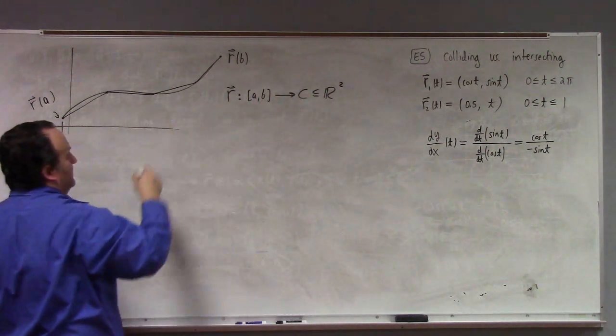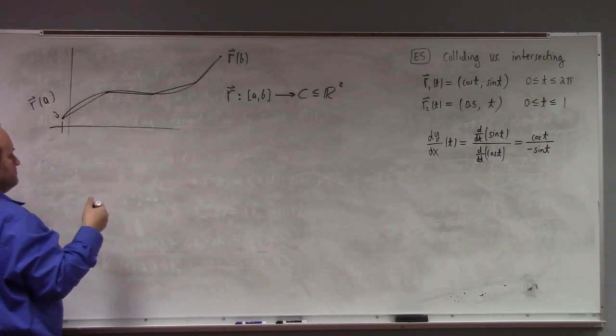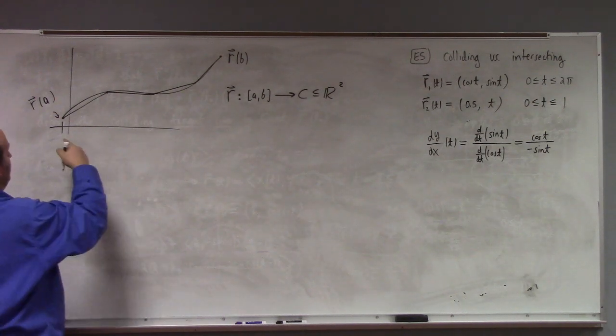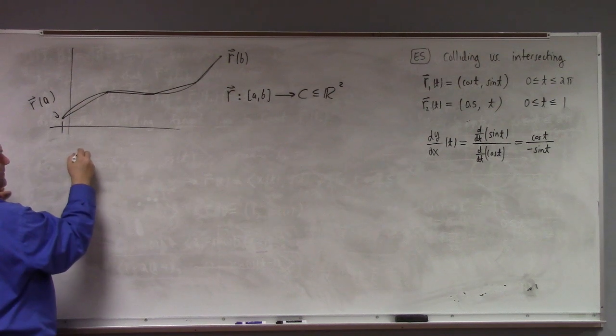You could use line segments to approximate the arc length, right? And so if we did that, we would have a formula for the arc length, something like this.